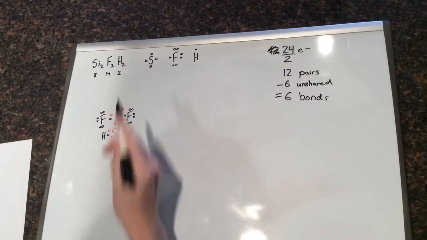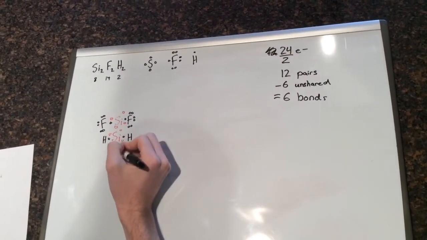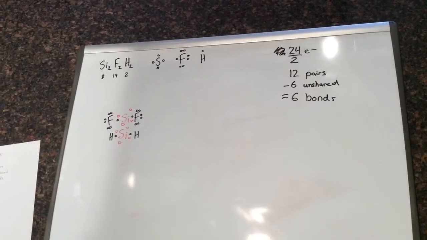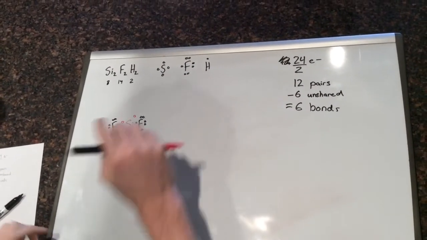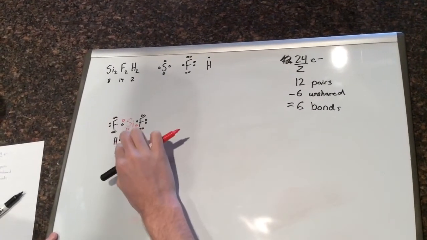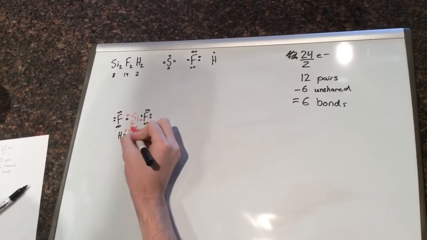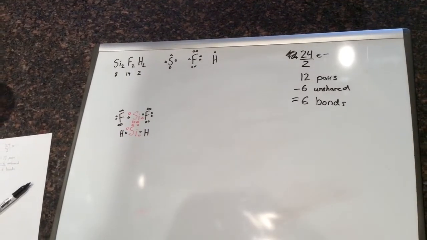Now here's the problem. Each silicon still has 1 unpaired electron. So what it'll eventually do is take each of these electrons, move it here, and create a double bond.